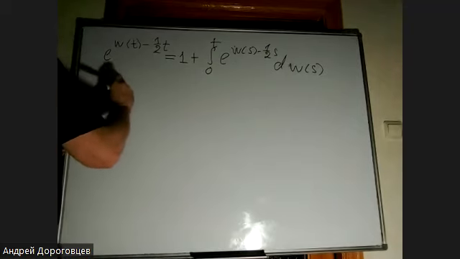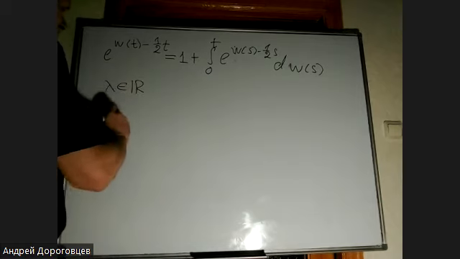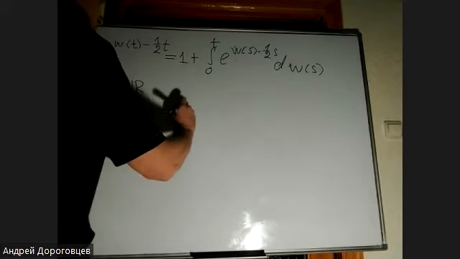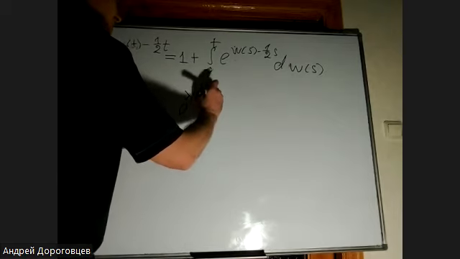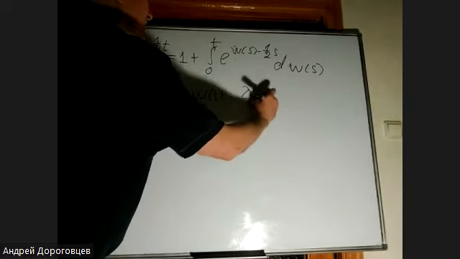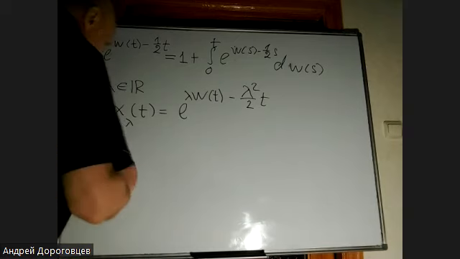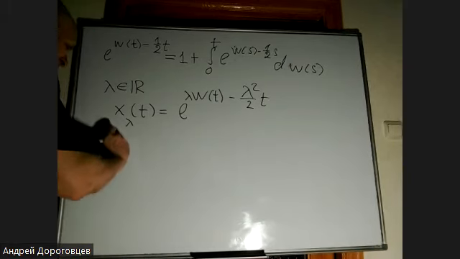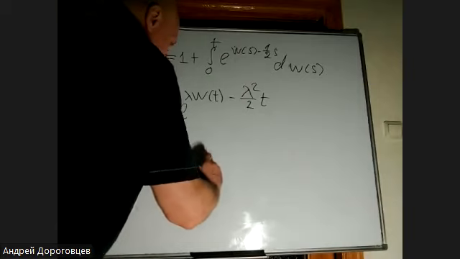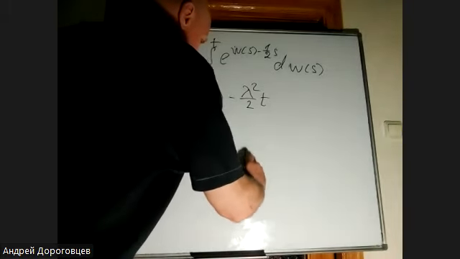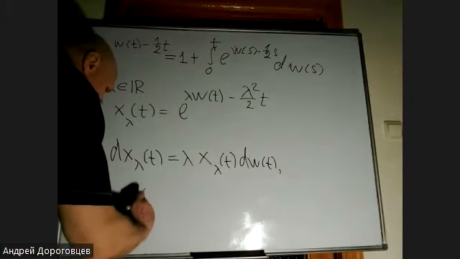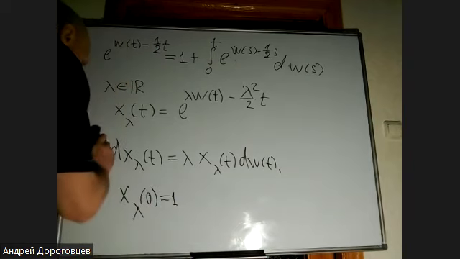If I take any lambda which belongs to R and consider the process X_t indexed by lambda, equal to the stochastic exponent of the following kind: exponent of lambda W_t minus lambda squared divided by 2 times t, then one can say that dX_lambda(t) is equal to lambda X_lambda(t) dW_t, and the initial condition X_lambda(0) is equal to 1.